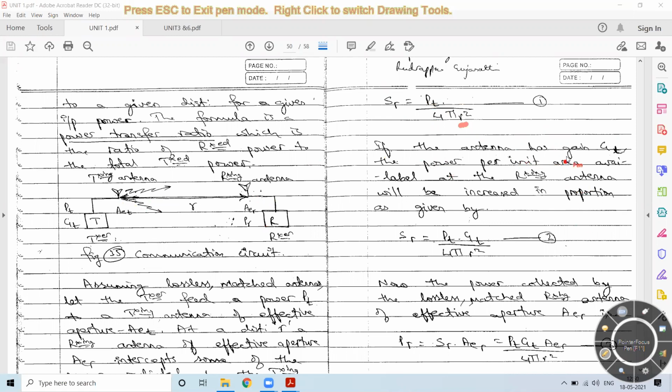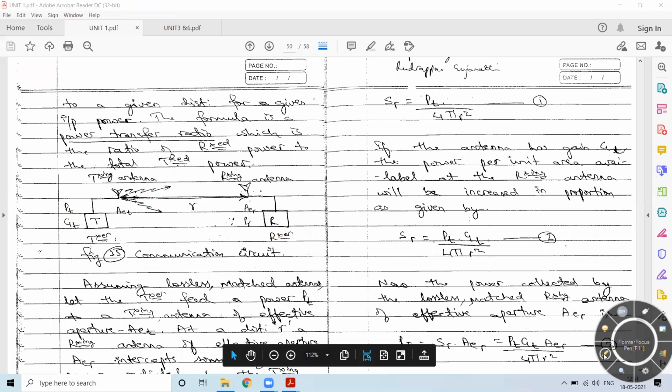Now, if the transmitting antenna we are considering has a gain of Gt, then this gain will affect the power density at a distance r.